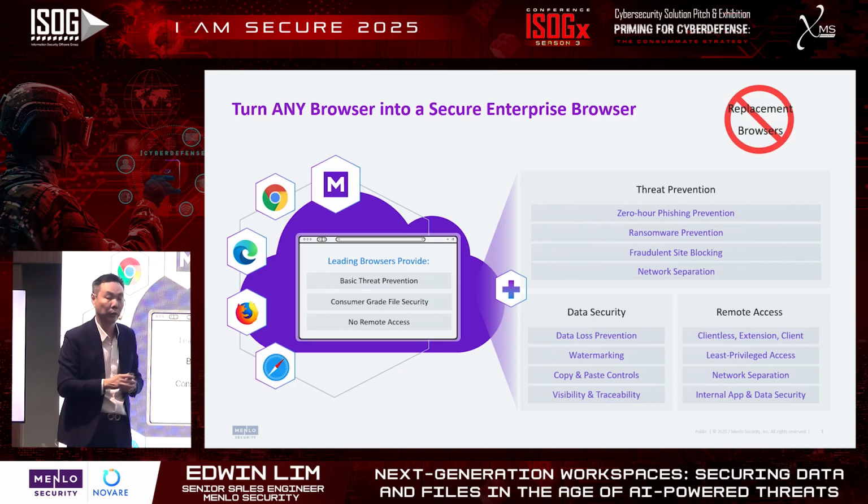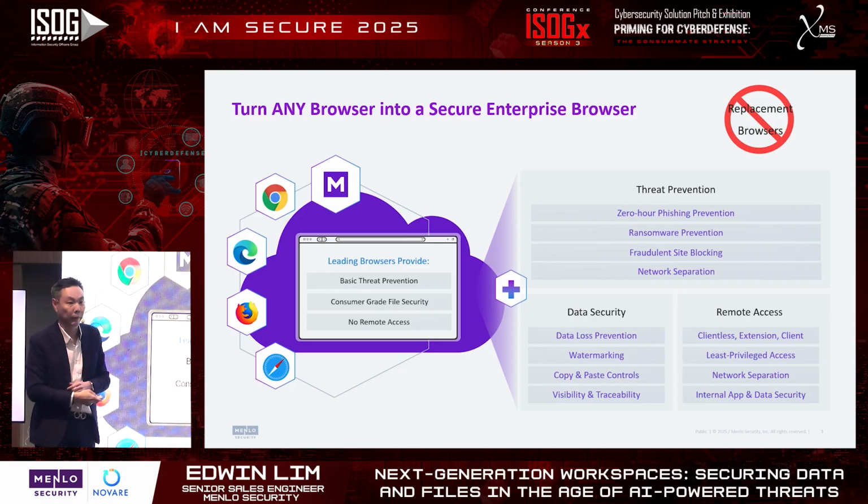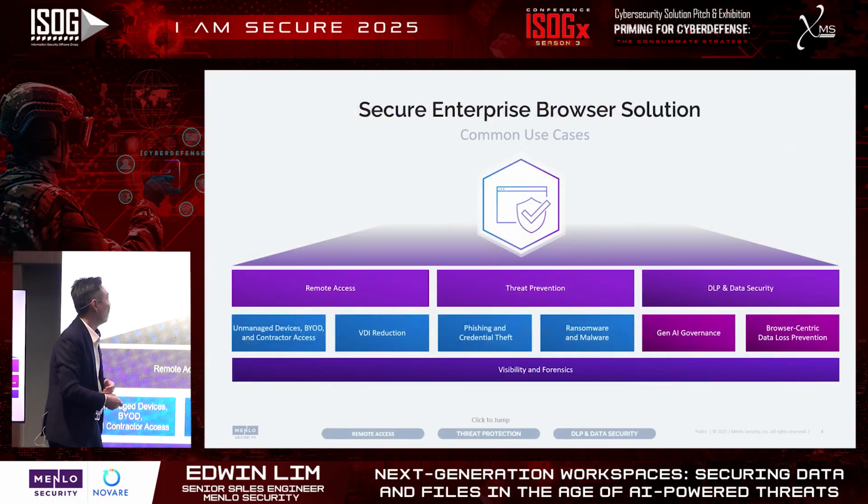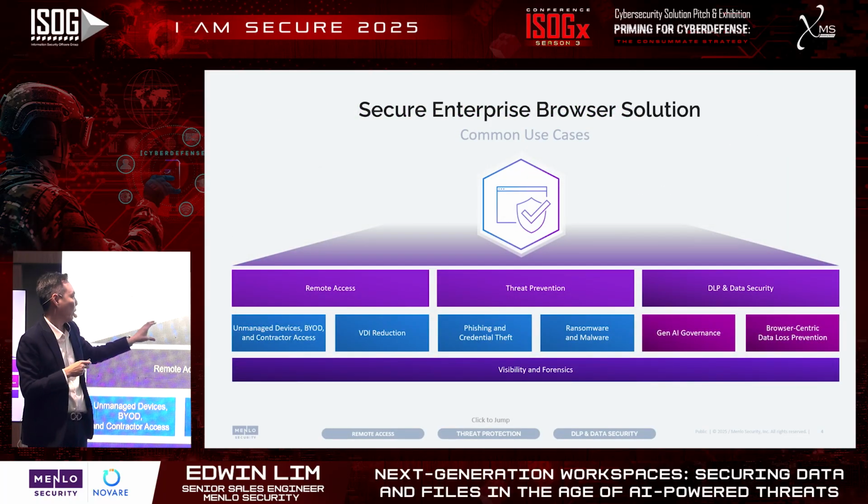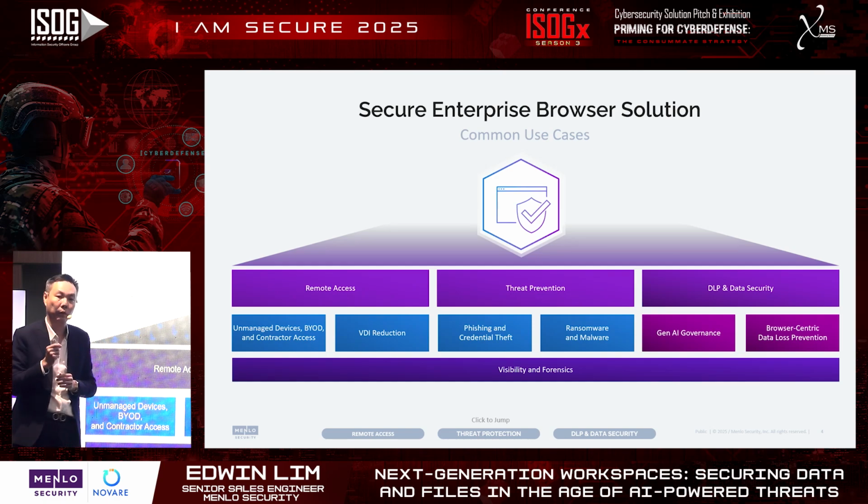That's how we can stop 0-hour phishing. So basically, this is the full suite. Today I'll discuss more on the threat prevention piece, and how you can use it to prevent any kind of threats coming in from both files and the network environment.